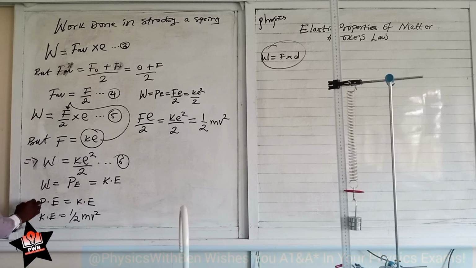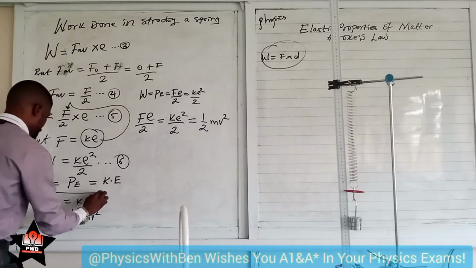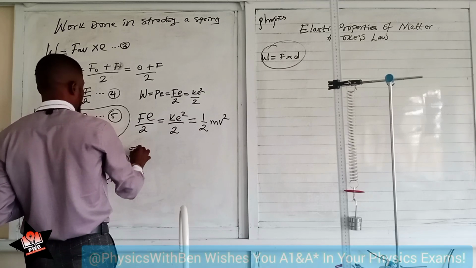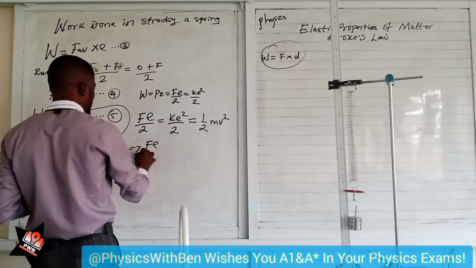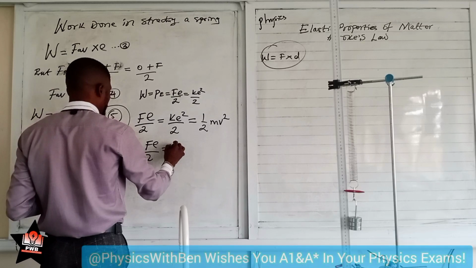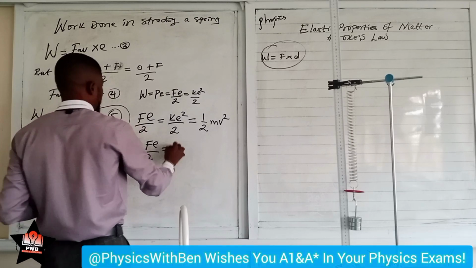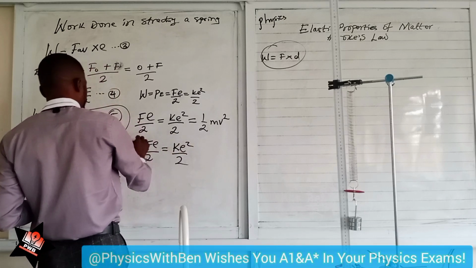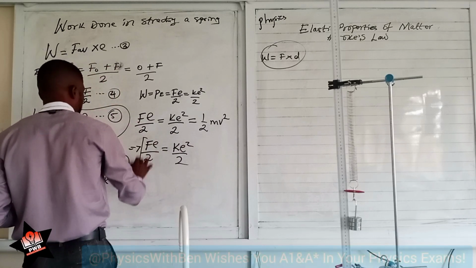That is from PE equals KE. So what this means is that Fe over 2 is equal to Ke squared all over 2. They may give you an equation where you have to apply this.